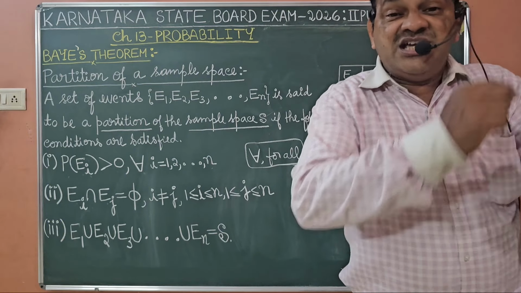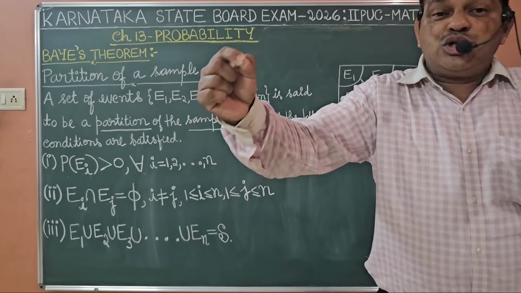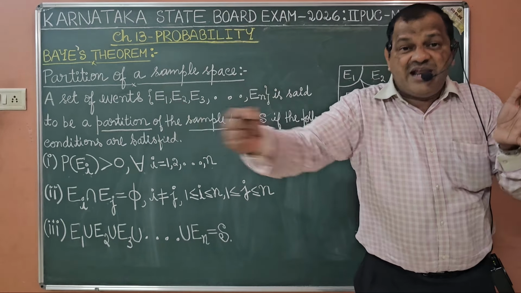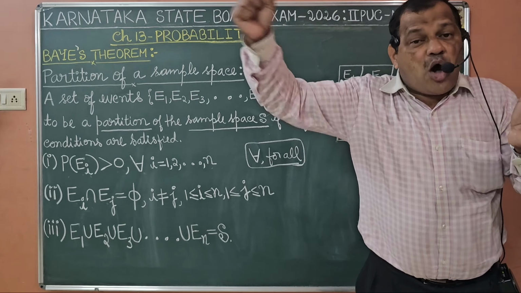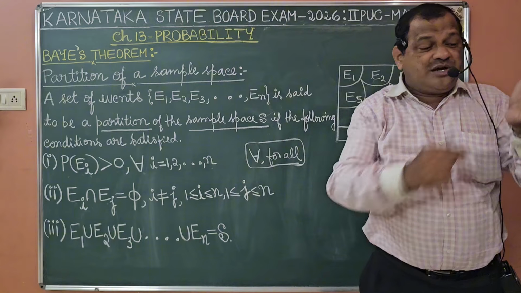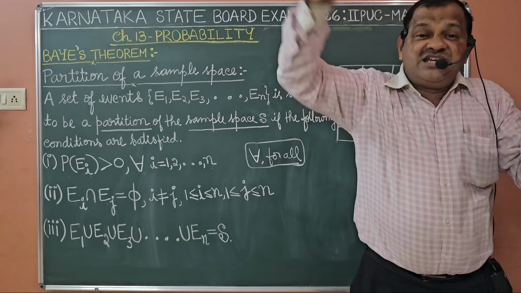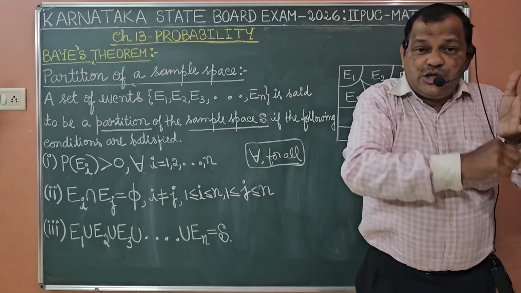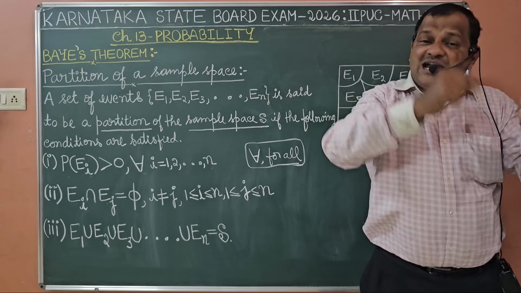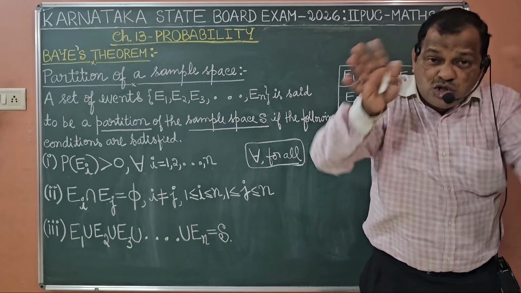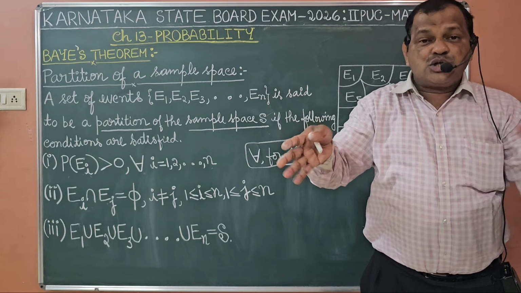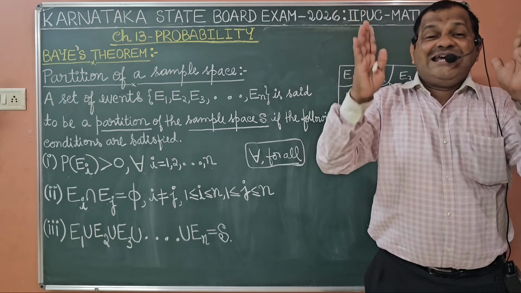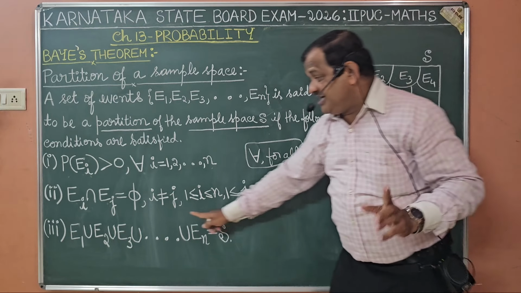For example, E1 intersection E2 should be a null event, E1 intersection E3 should be a null event, E1 intersection En should be a null event. Now E2 with E3 should be a null event, E2 with E4 should be a null event, and like that. Any two distinct events should not have an outcome in common. That is the meaning of the second condition.